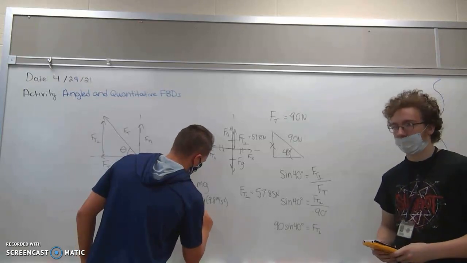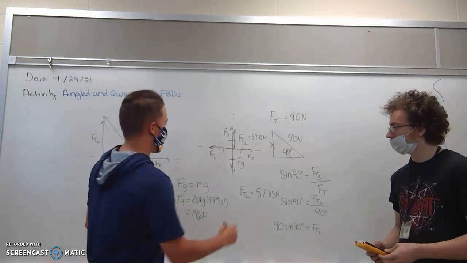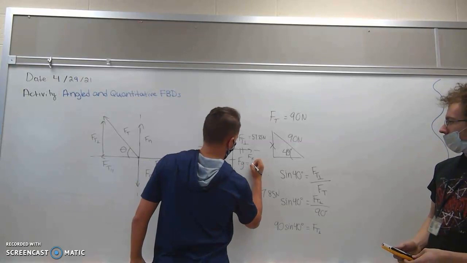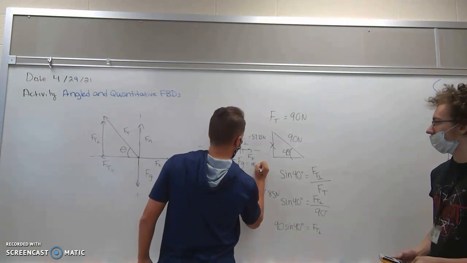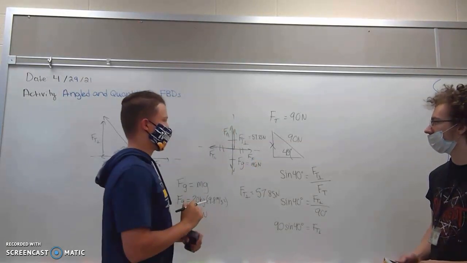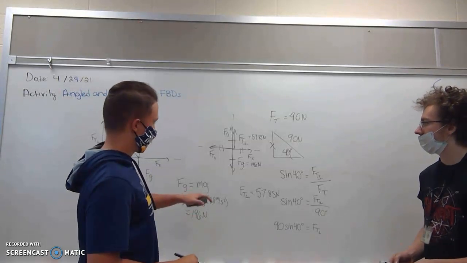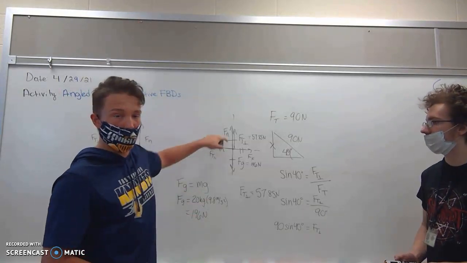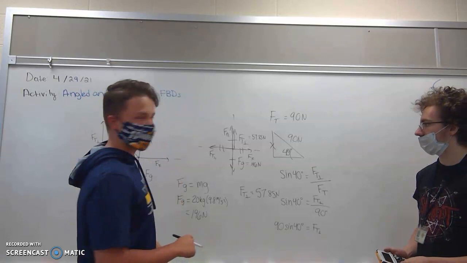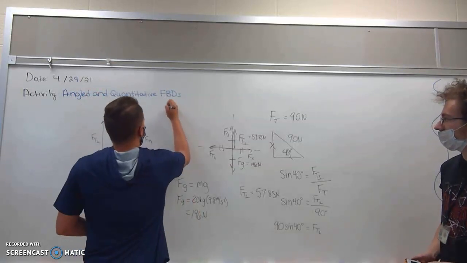Okay. So now we have both the force of gravity and the force of tension in the perpendicular direction. So now that's all we need to find our normal force.